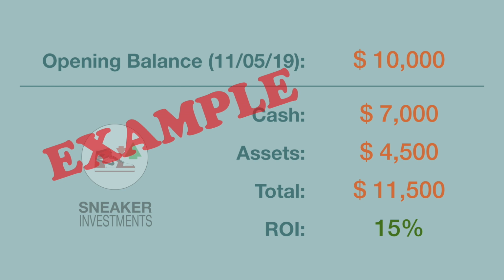However, the assets category has me at $4,500, which means that my initial $3,000 of shoe purchases has gone up to $4,500, and therefore has totaled me a 15% return on my portfolio. Again, this is just an example, but this is the kind of structure we're going to follow. And if I feel like I need to add more categories, be more detailed, I will go ahead and do so as we go through this.